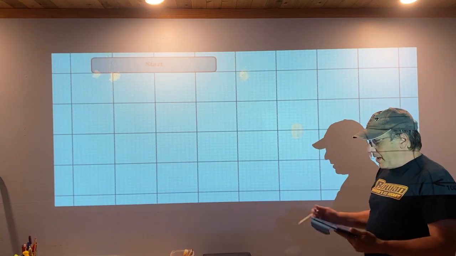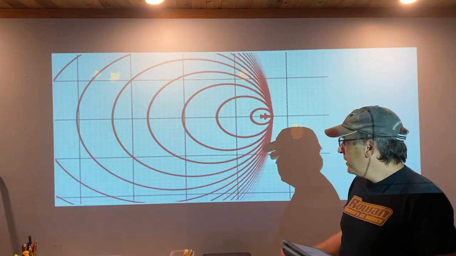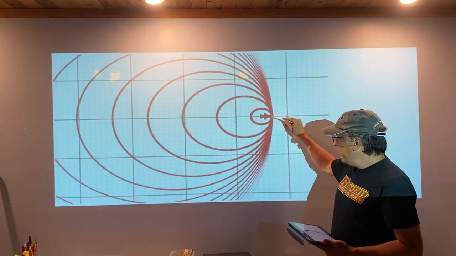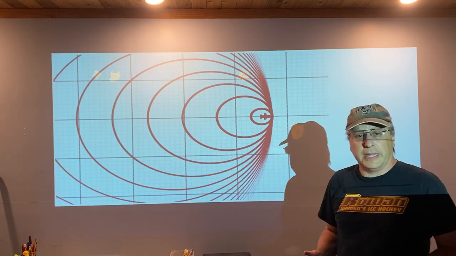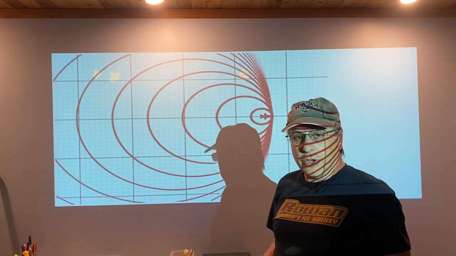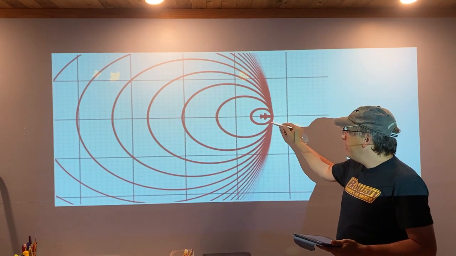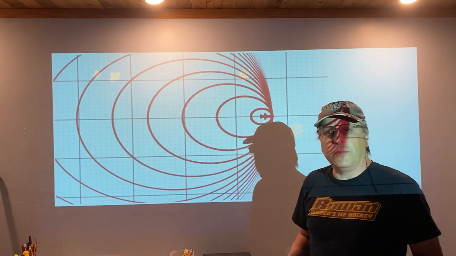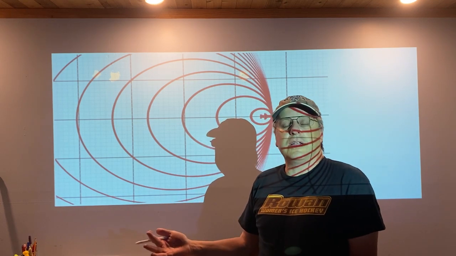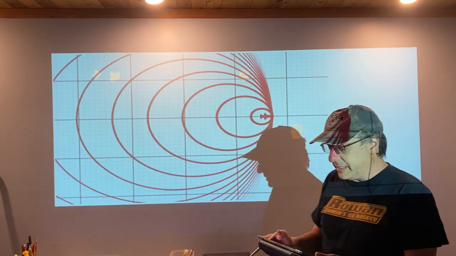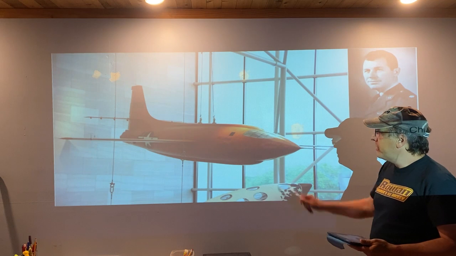This buildup of sound waves creates a region of turbulence, high pressures all building up together, and this is known as the sound barrier. At one point, we weren't sure whether or not anything could ever travel faster than the speed of sound, and it turns out that it could.